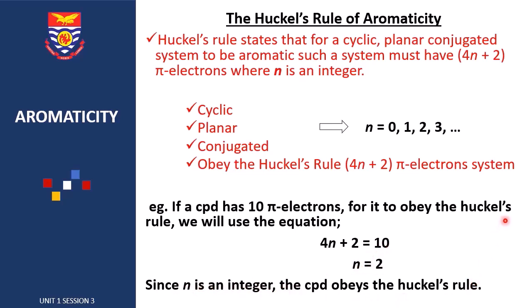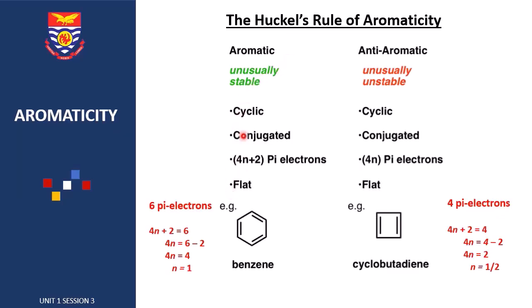So, if you use Hückel's rule on cyclobutadiene and benzene, you can see that cyclobutadiene is cyclic, conjugated, and also planar. Its pi electron system does not obey Hückel's rule. So 4n plus 2 equals 4, because there are 4 pi electrons here, 2 here, and 2 there.